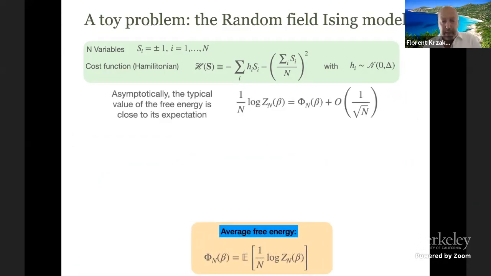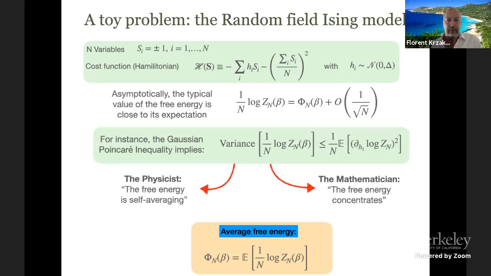All right, so the first thing we might say about this object is that asymptotically, the typical value of the energy is very close to its expectation. This is why computing its average is good. We don't need to compute the typical value. We can just compute the average because they are the same. And it's very easy to show that typically log Z over n is equal to its expectation plus something which is of the order 1 over square root of n.